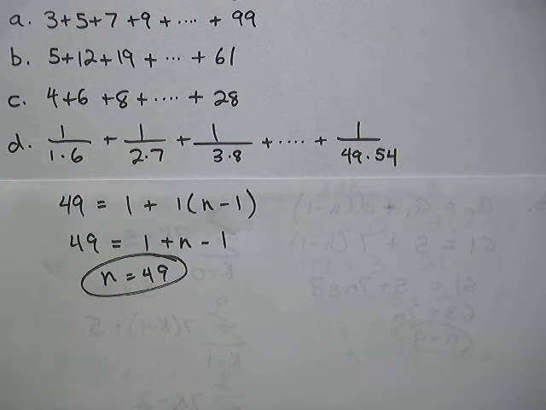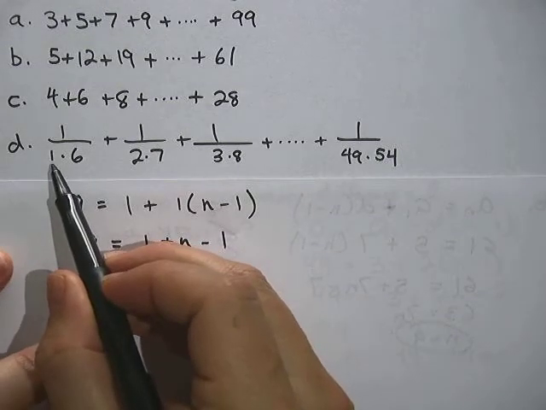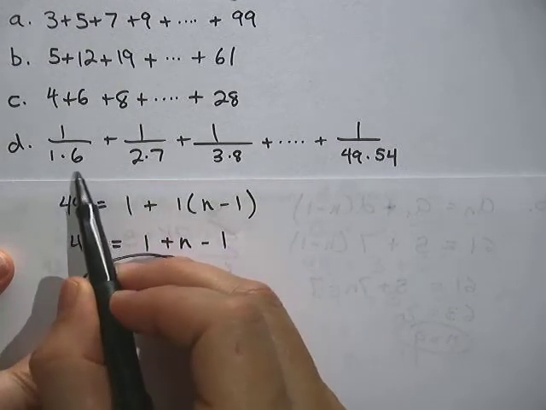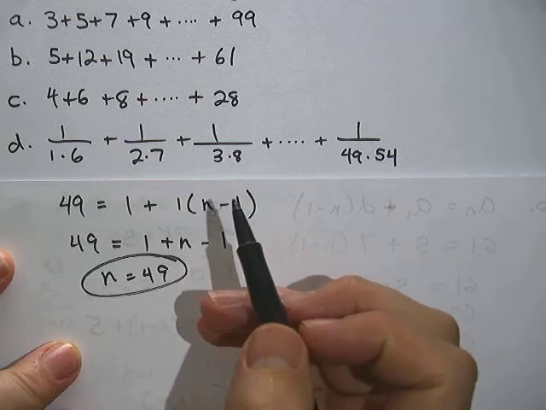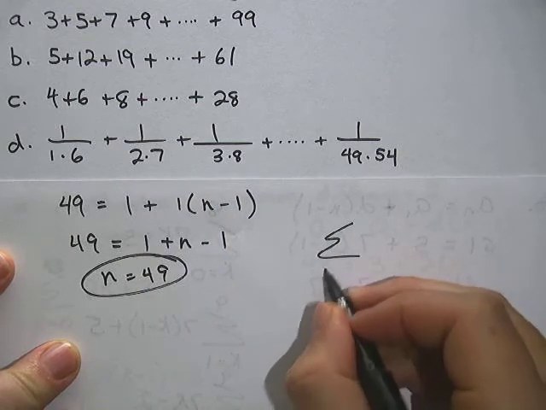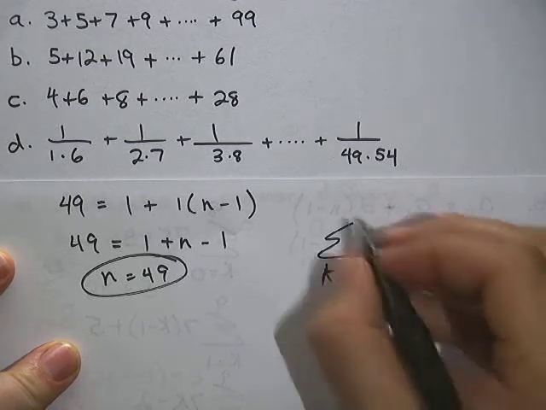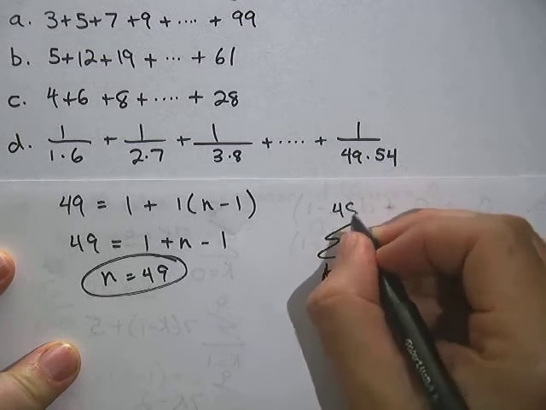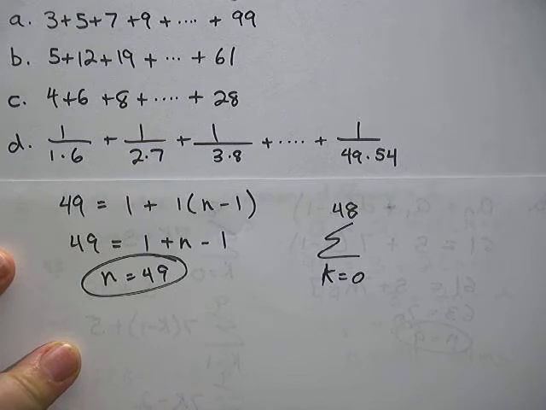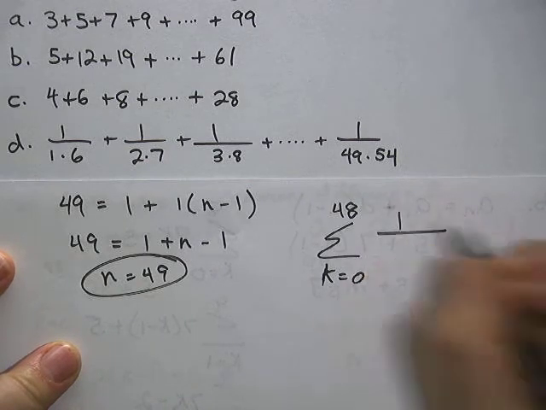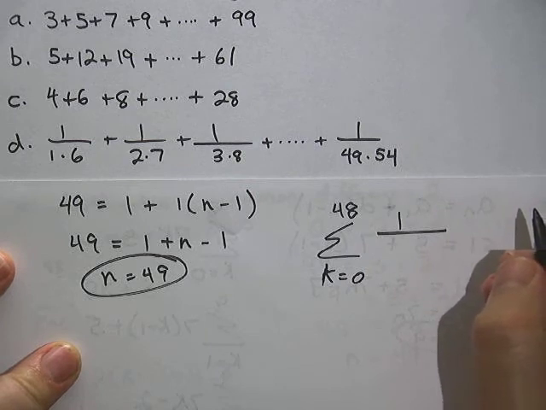All right, and we need to figure out how to write this because it's a little different. So we have two things going on. We have one thing that is increasing by 1 each time and another that's increasing by 1, but it starts at 6. Okay, so remember we have 49 terms, so we're going from k equals 0 to where? 48. Okay, so we go from 0 to 48, and it's 1 over, because the 1 on top doesn't change.